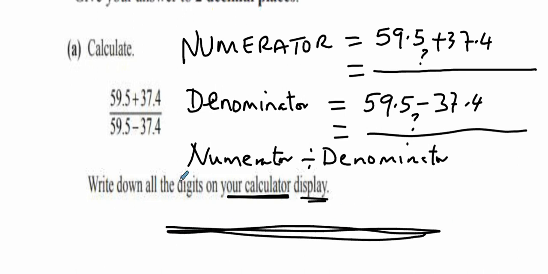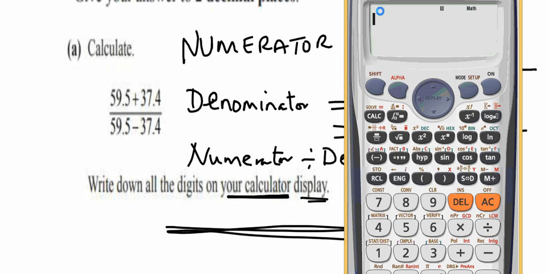Okay? You understand that? Now, for those who have got a calculator like this one here, they don't have to do that. What they do, they click on this button here. Can you see this button here? This button here is meant for all fractions.